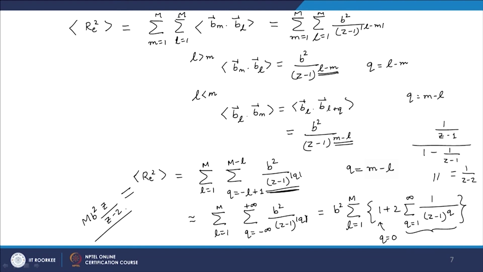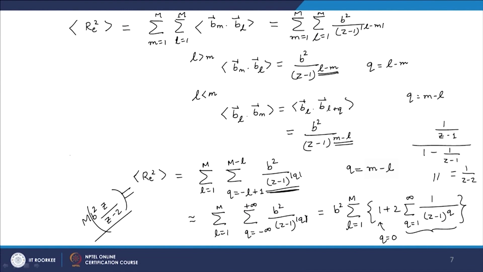Okay. So, after doing all this math, what exactly did we get? We got an additional factor of z by z minus 2, which was anyway a constant, because if I go from say a 2D lattice to a 3D lattice or any kind of a lattice, ultimately it is just a number, right. So, it will be something multiplied by this.